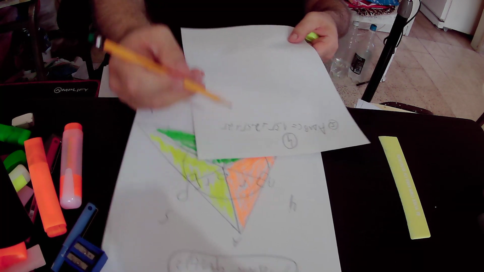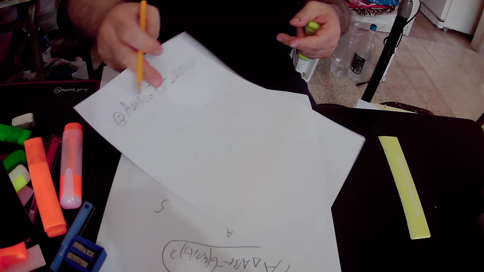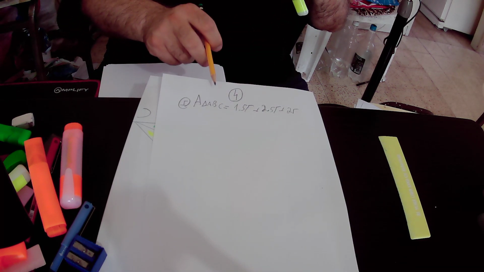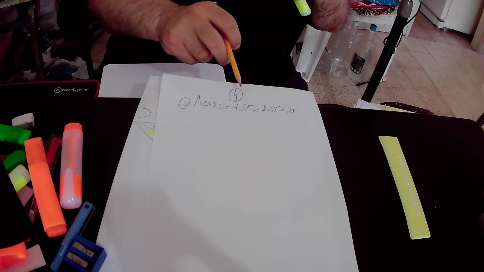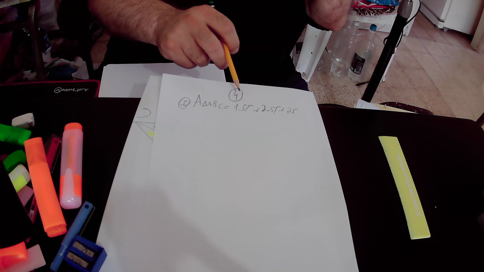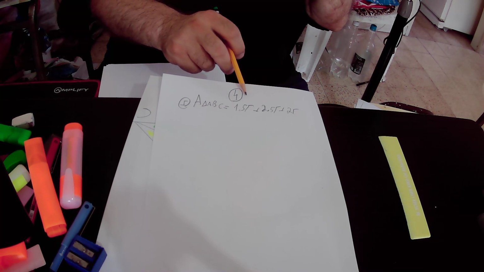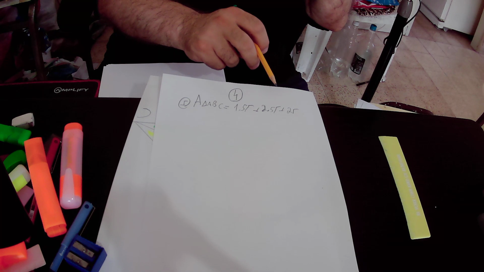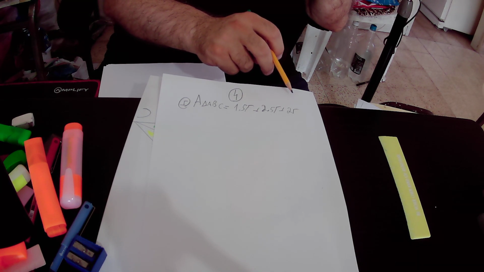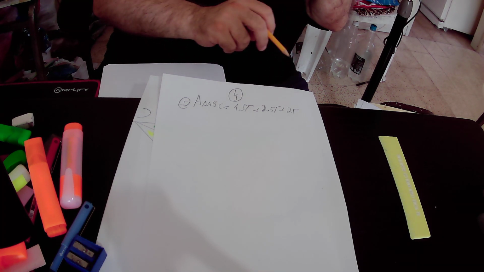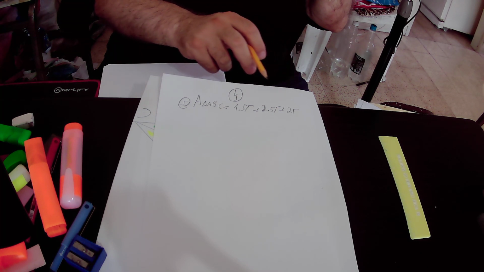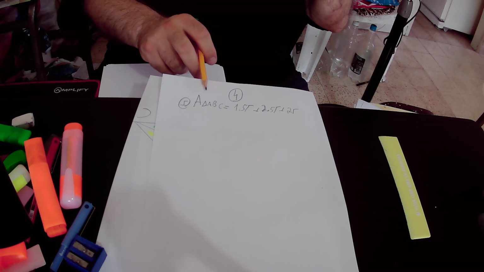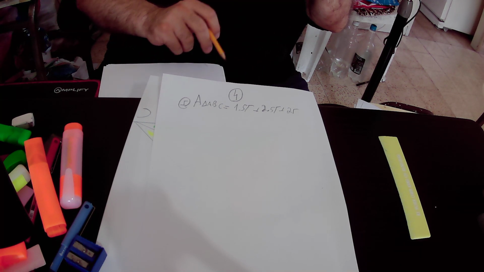So in total we got the first formula that states that the area of the big triangle ABC equals the area of the green triangle, 1.5 times the radius, plus the area of the yellow triangle, 2.5 times the radius, plus the area of the orange triangle, 2 times the radius. So the sum of those three areas equals the area of the big triangle ABC.